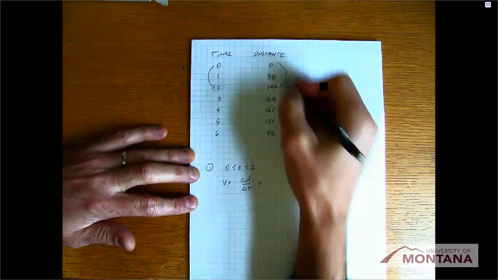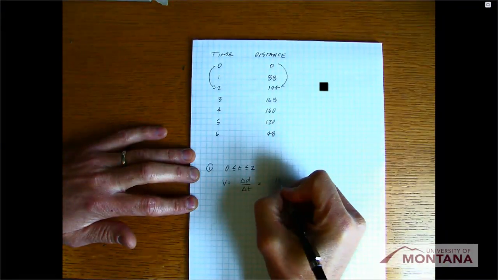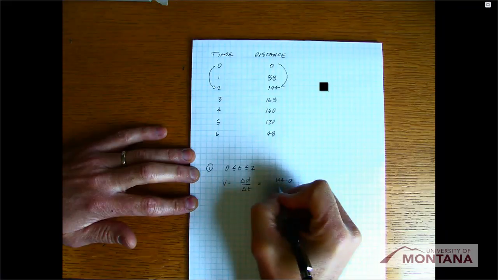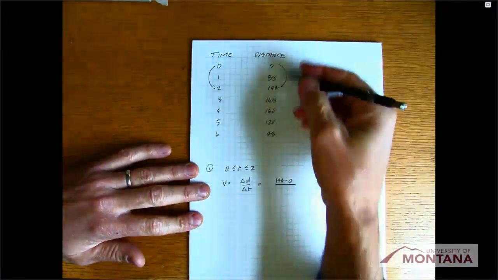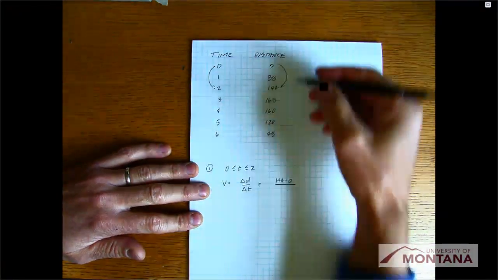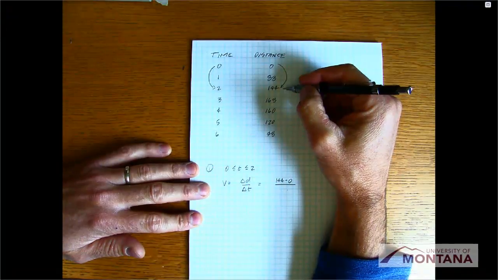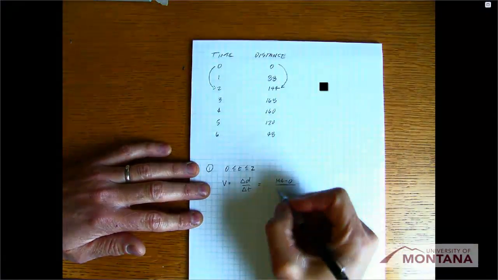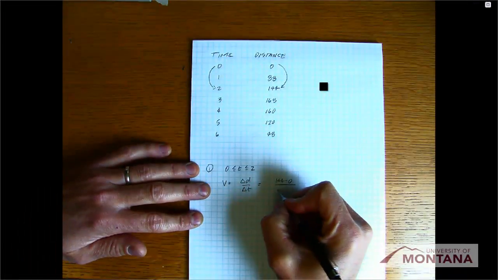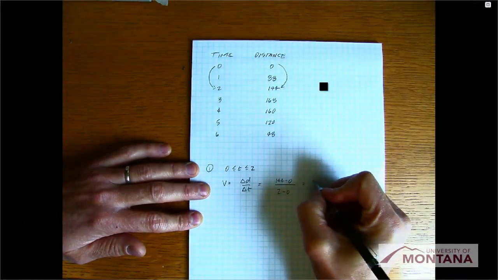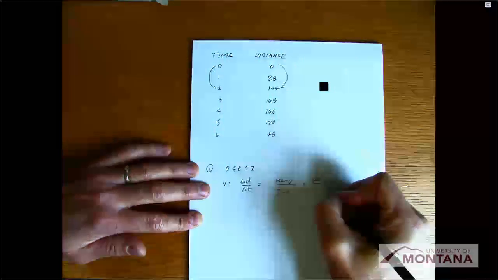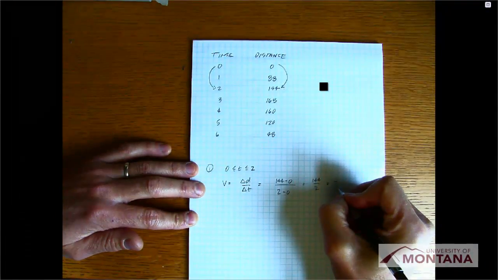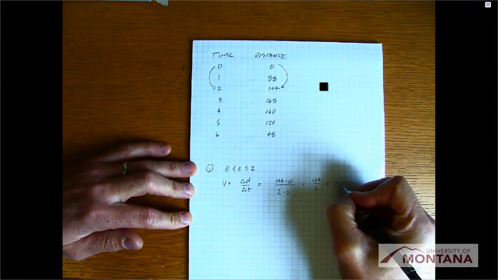time. So the change in distance is, to belabor the point a little bit and generalize, 144 minus 0, so it's the height at the end of the interval minus the height at the start of the interval, over the time at the end of the interval minus the time at the start of the interval, so 2 minus 0. We get 144 over 2, so I believe that's 72.